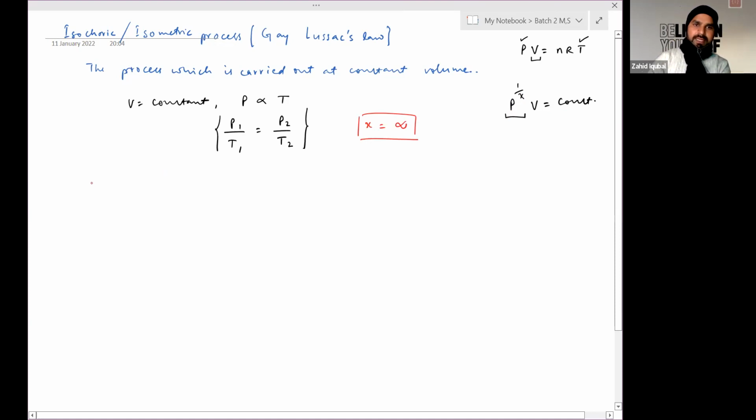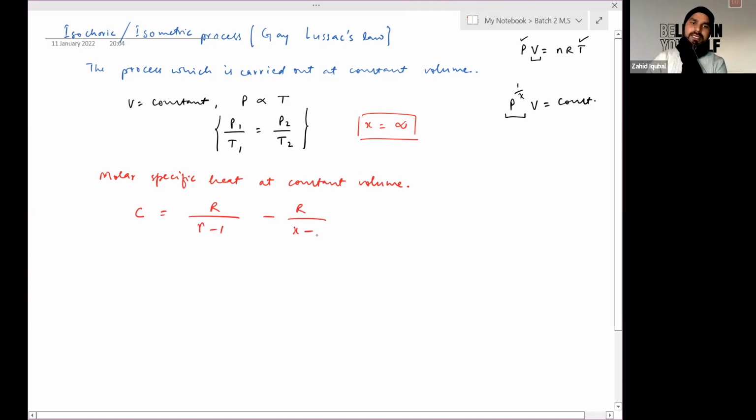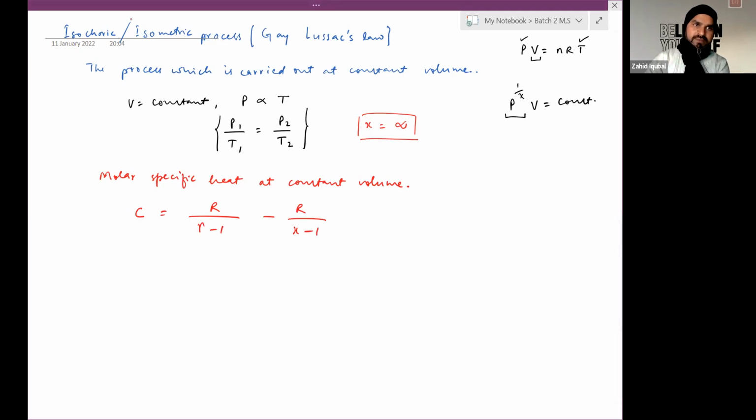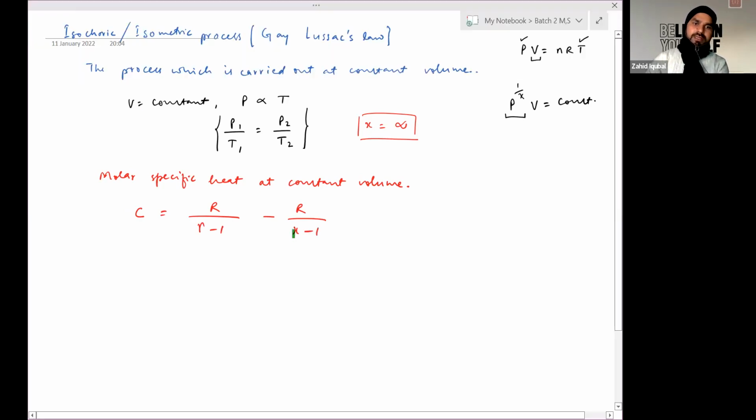So on the basis of X, let me define you molar specific heat at constant volume. So C equals to R by gamma minus 1 minus R by X minus 1. Put the value of X to be infinity. So infinity minus 1 will be again infinity.